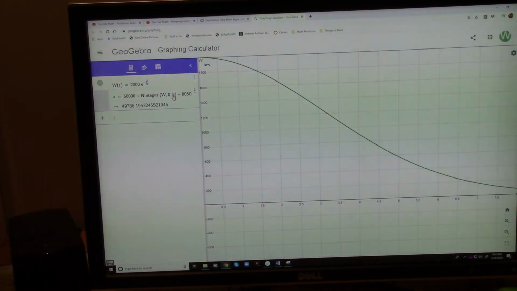Boom, and there's the answer. I think this is easier to error check than on the Texas Instruments calculator. Anyway, there was our answer to part C.